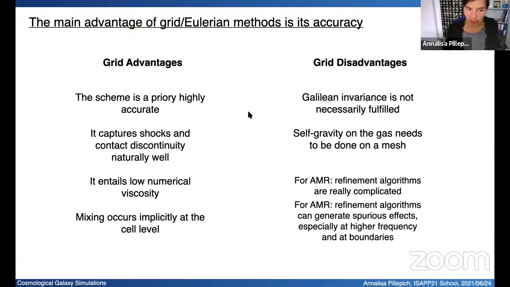It can be very highly accurate. It captures the shocks and the discontinuities very well, etc. But there are also disadvantages. It's not Galilean invariant. And a priori, you will need to do the self-gravity of the gas also on the mesh, but actually it's not required. You can also do other schemes, okay?